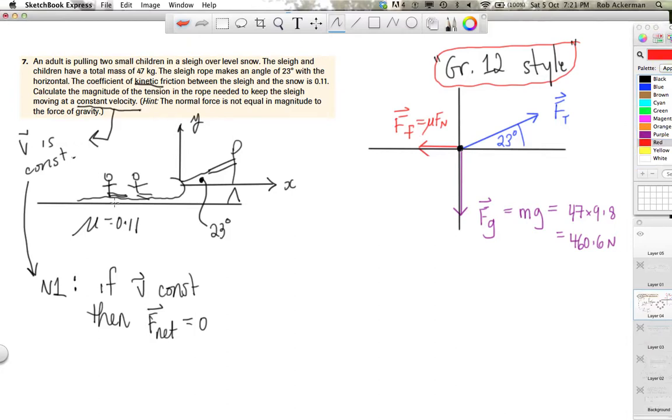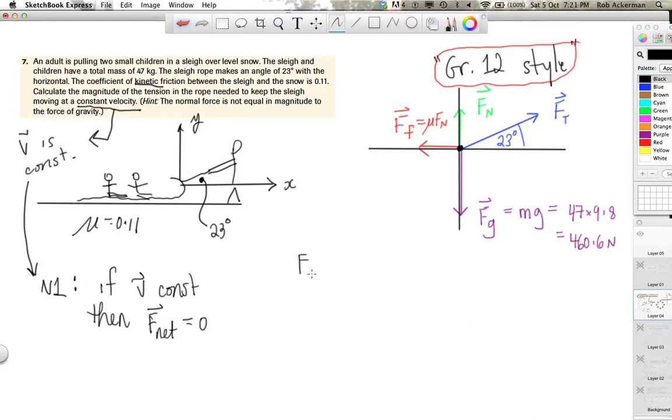Is there a normal force? Yes. The object, the sleigh, is in contact with the ground, so there will be a response from the ground. Let's make that green, and we'll make it pointing up, just like that, and we'll call it Fn. Okay? We've got all the forces taken care of here, and what we normally do at this point is go to our components.